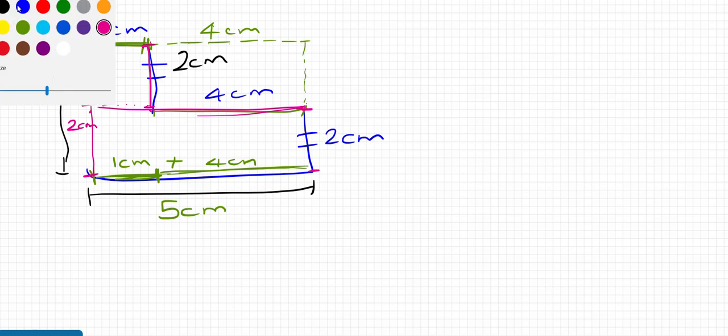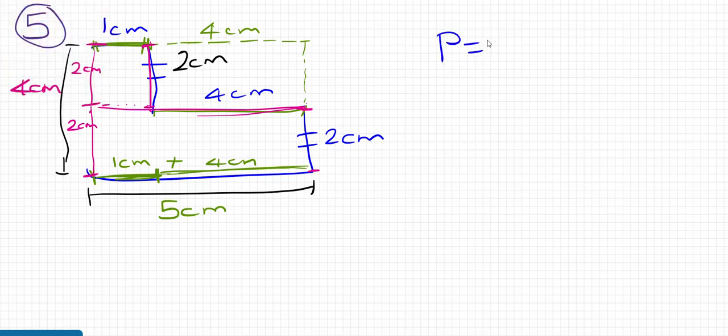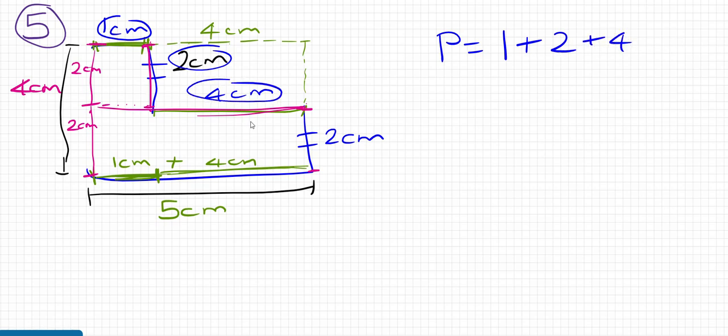So perimeter will be equal to, so I'm adding up my 1 plus that 2 plus that 4 plus that 2 plus the 5 I worked out is that whole length there.